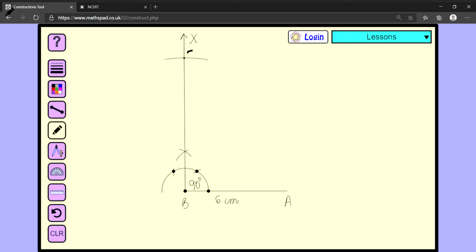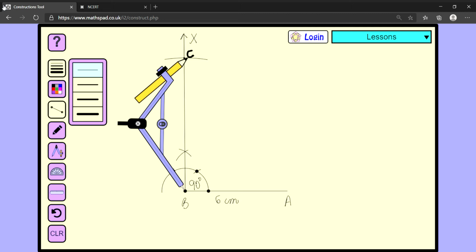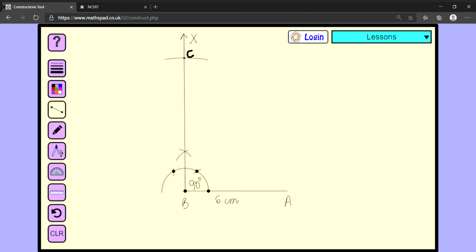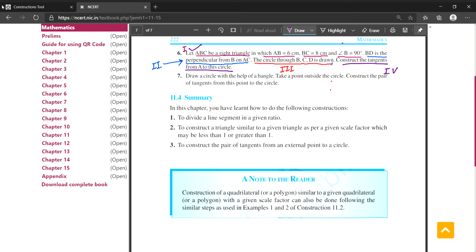This is point C, and now I can complete my triangle. Joining point C with point A, and the perpendicular is 8 centimeters. This is the right triangle that I had to obtain. This is the first part of my construction which I have done.